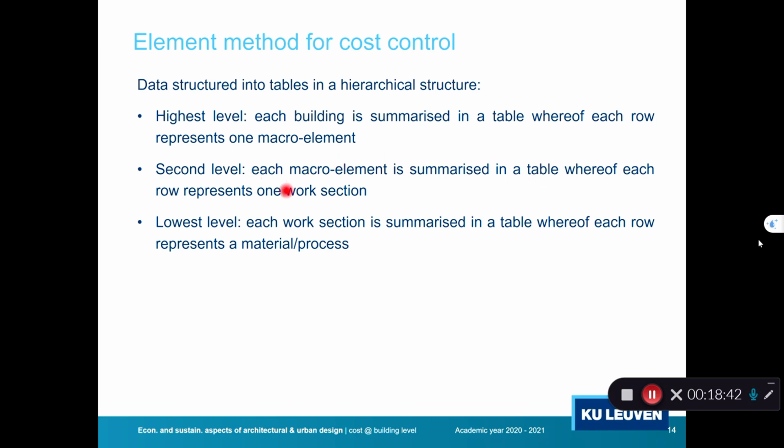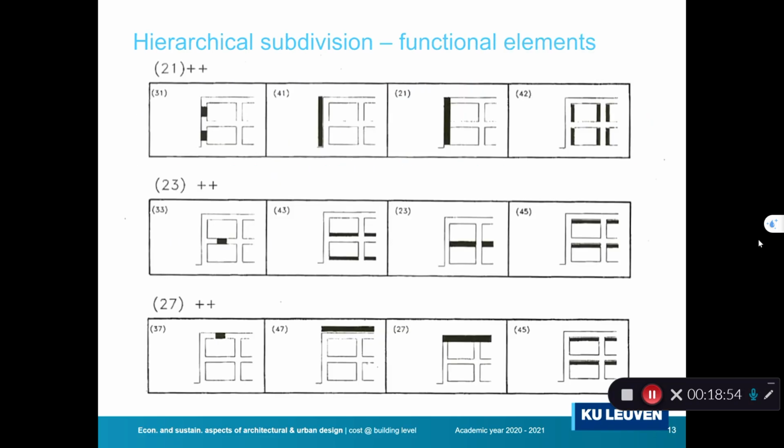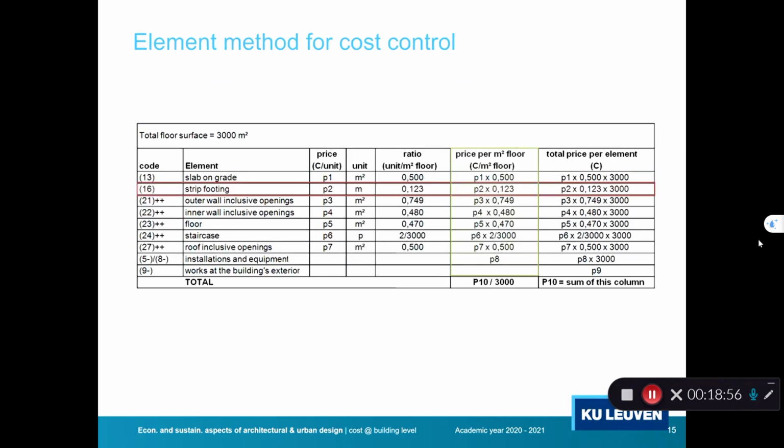And by doing that, later on, typically in the design stage, when the build-ups of my elements have been defined, I can more precisely calculate my unit price. And so I can keep my table here, but this unit price will be refined along the design process.